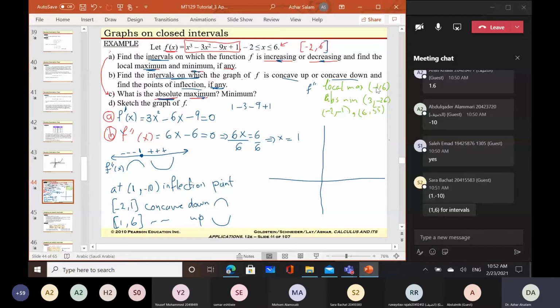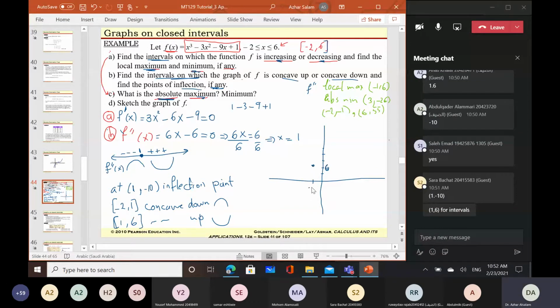I indicate the points now. I have a local maximum at minus 1 and 6. This is minus 1 on the x-axis and 6. 1, 2, 3, 4, 5, 6. Since I have a very large point, which is 55, let's say that this is 6 here.